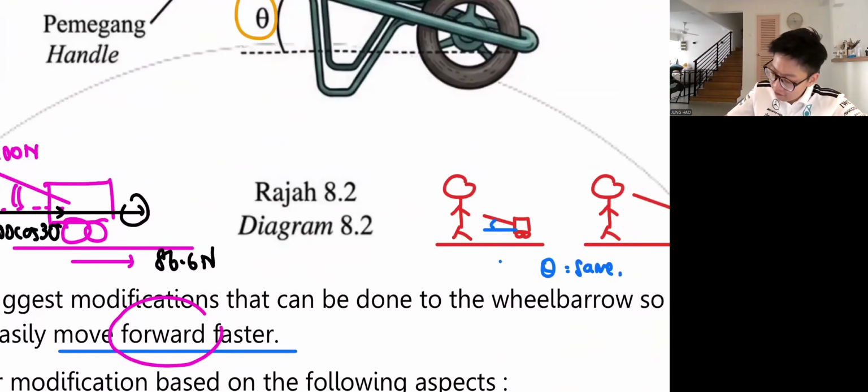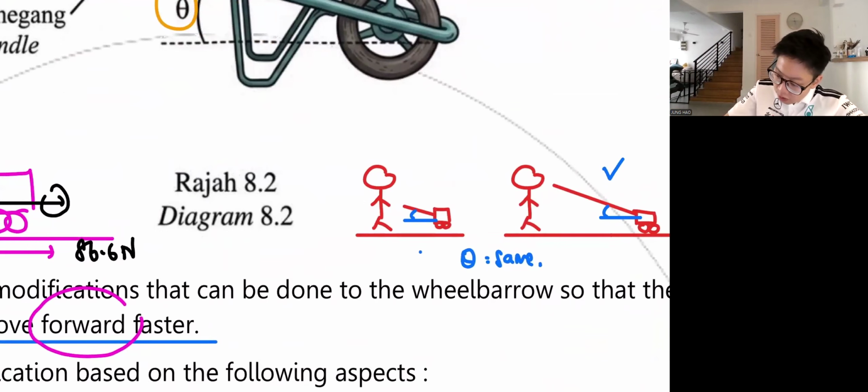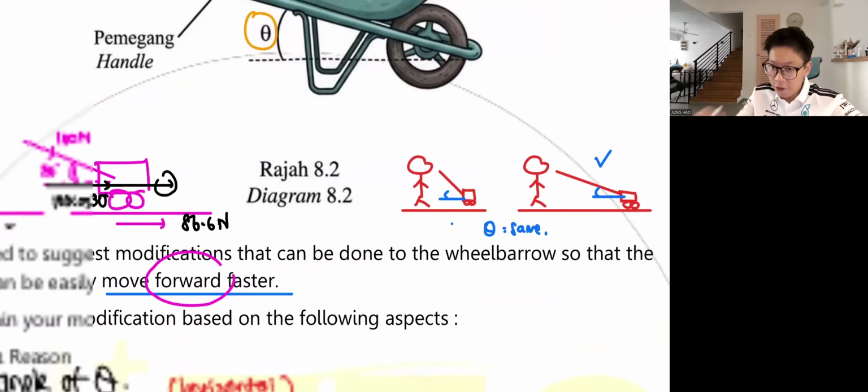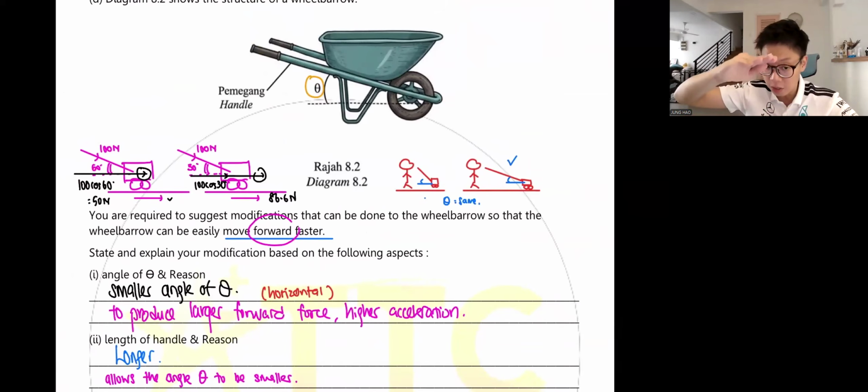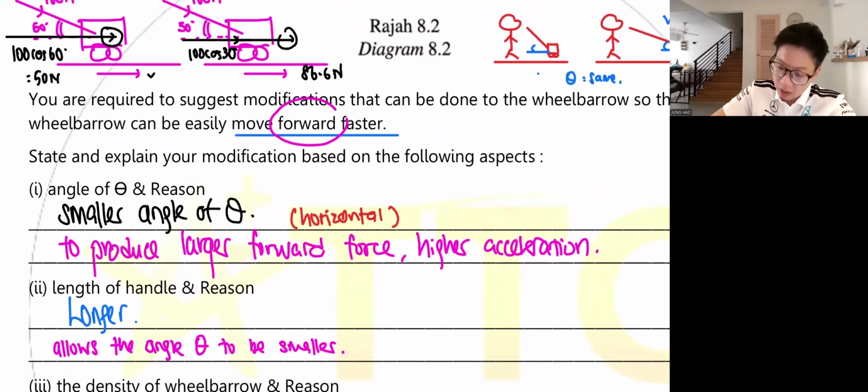Because otherwise, if this is too short, you will need to pull this stick higher, right? Then the angle will become very big already. So therefore, you use the length of the handle to be longer so that the theta can be smaller, or you can also say so that it is convenient to push. That's it lah. Okay, can. Easier to hold.